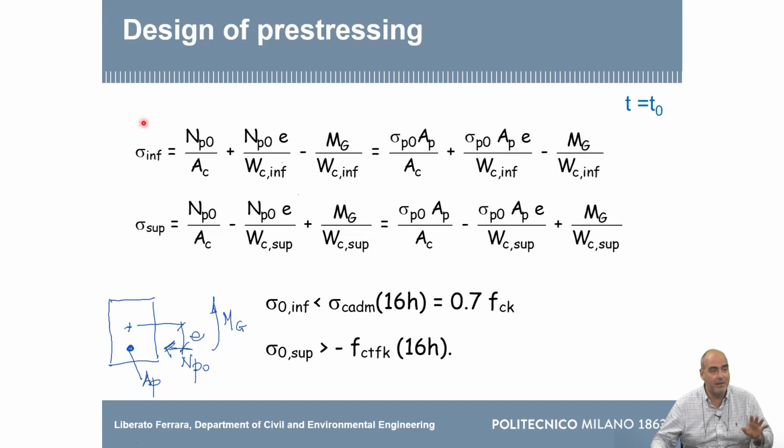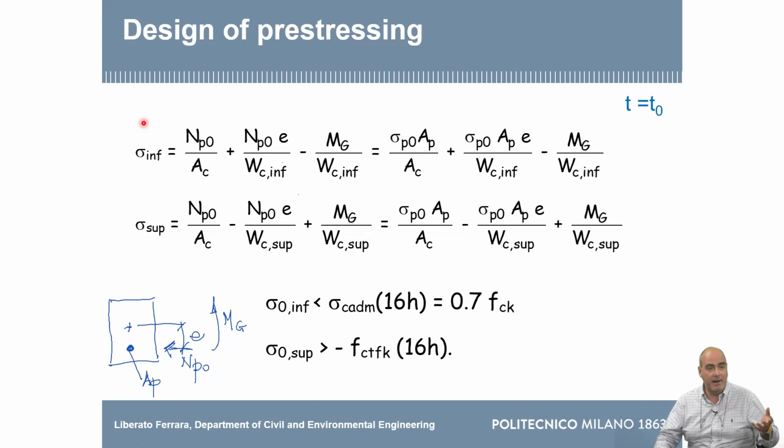But what do we have to compare these stresses with? Well, we expect that in this stage, the bending moment due to the self-weight is minimal. We can expect that the action of the pre-stressing force is dominant. So we can expect compressive stresses at the bottom.